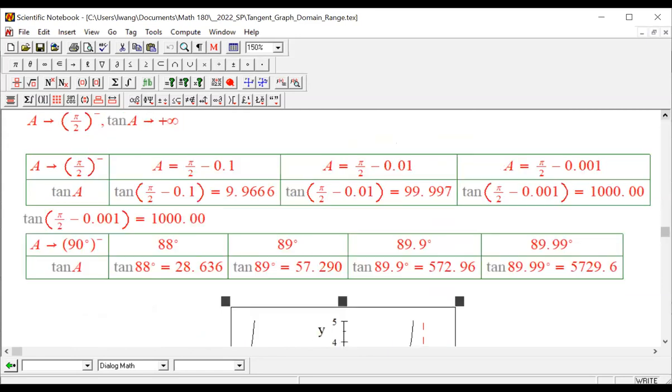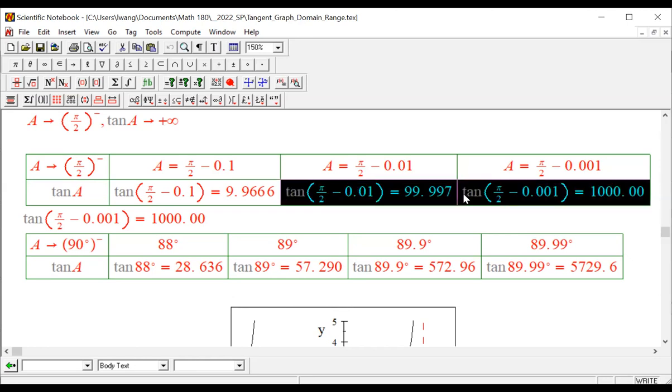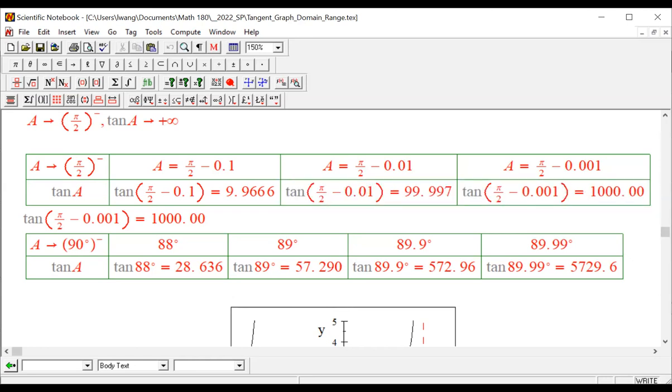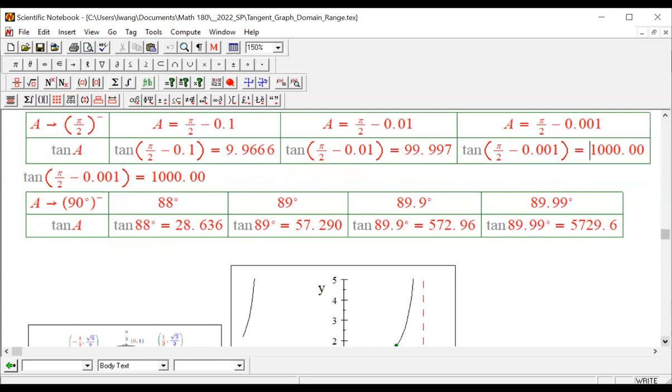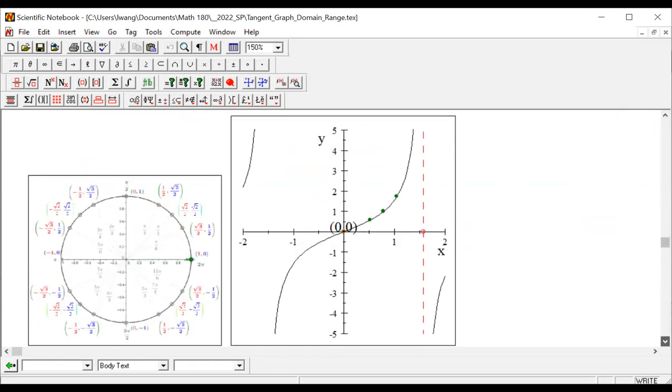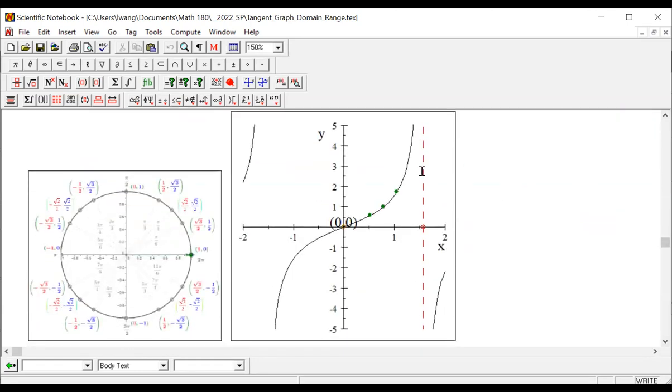So that shows our calculation earlier on. And these calculations, however, reflected that as we're getting closer and closer to pi over 2, the ratio really shoots up, okay, to 1000. So that's what happens. Okay, you will need to know this fact when you are in calculus classes.